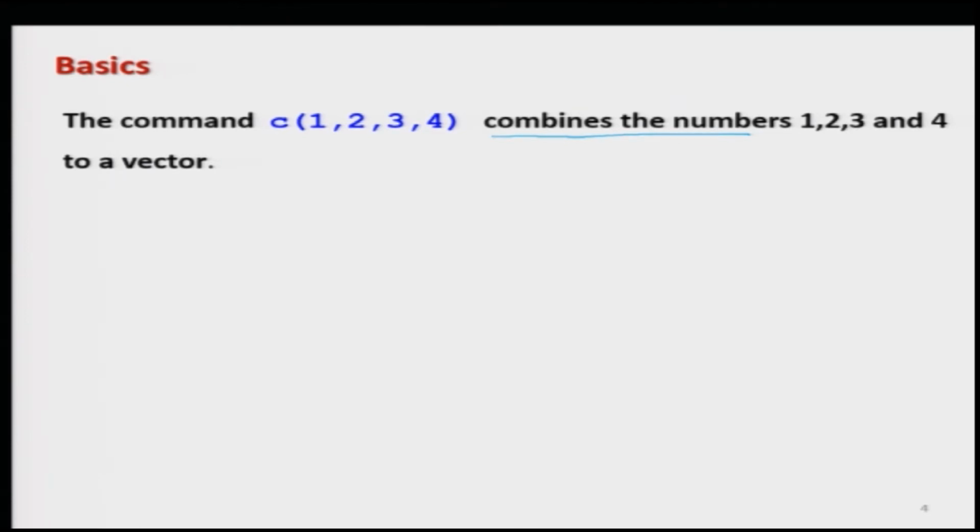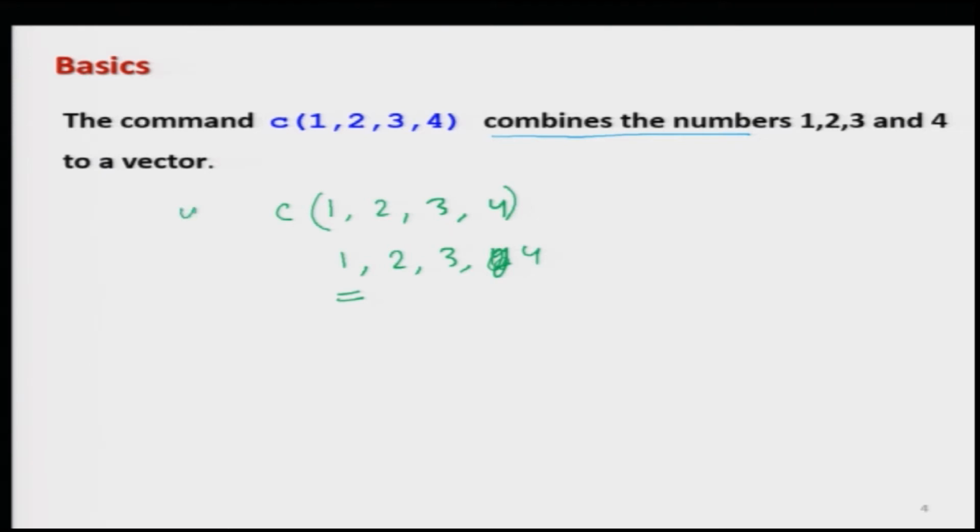For example, if you have a set of numbers, say 1, 2, 3, 4, and you want R to read all the numbers, then you have to write C, and inside the parentheses write these numbers separated by commas. In case you write only 1, 2, 3, 4, you will see that there will be an error, and in most cases R will read only the first value.